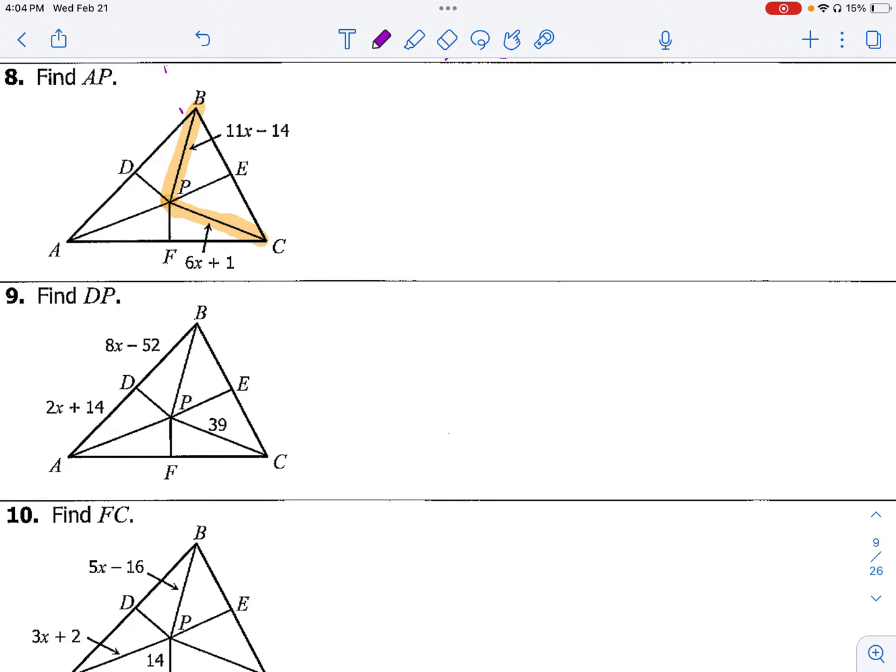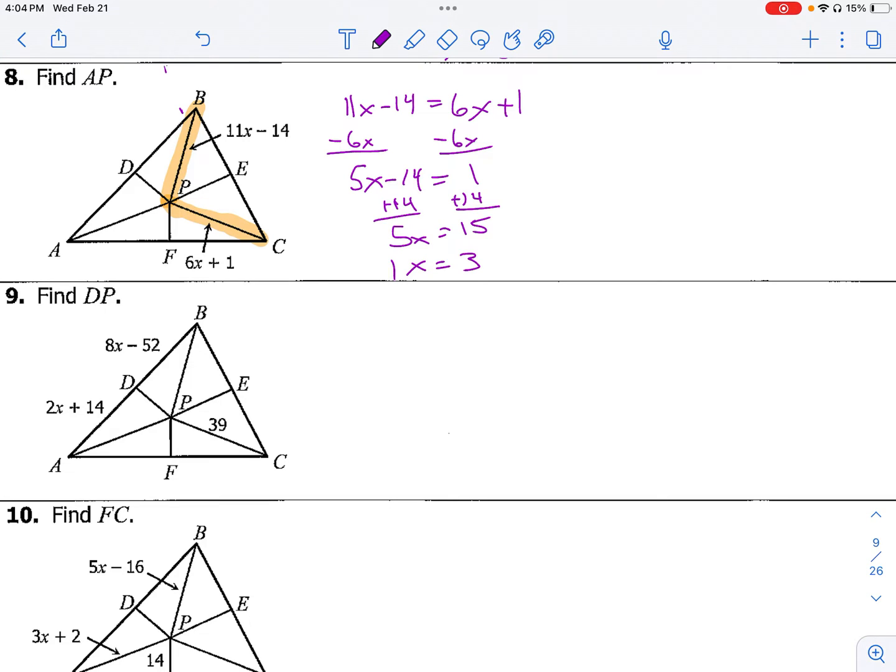So 11x minus 14 equals 6x plus 1. We're going to solve for x. X equals 3.